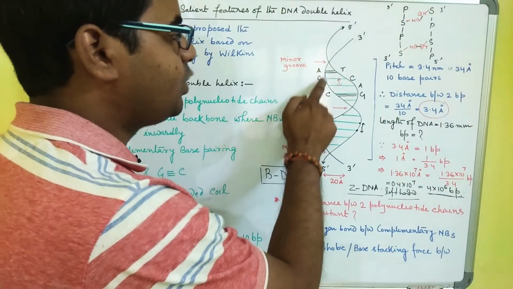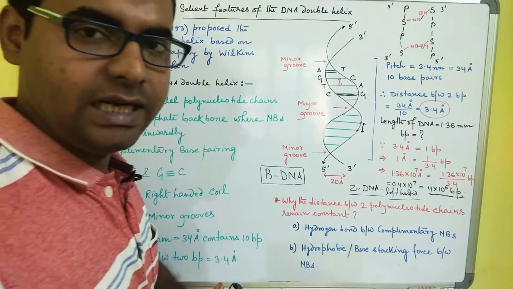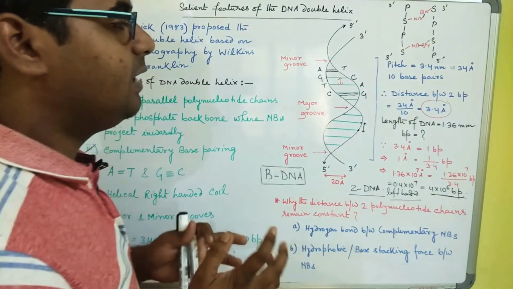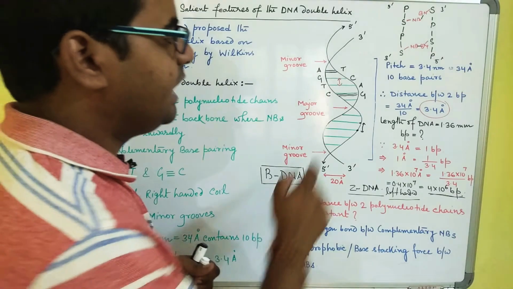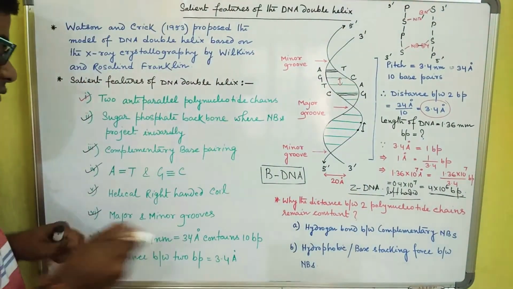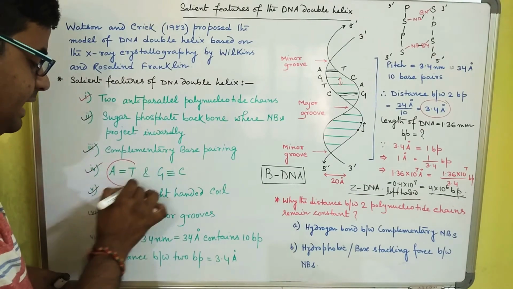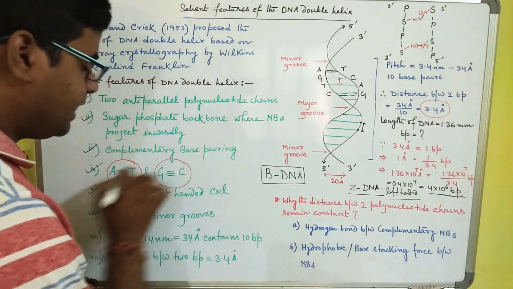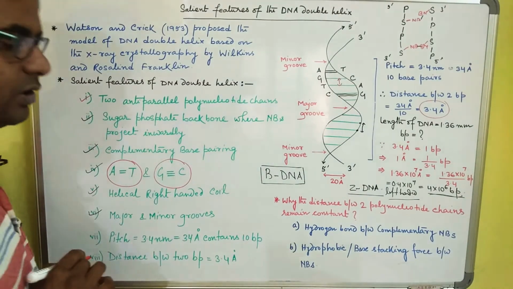If suppose it is a guanine, that is again a purine nitrogenous base, it will bind with the cytosine, which is a pyrimidine nitrogenous base, with the help of three hydrogen bonds. So the hydrogen bonds are formed like this: between A and T there are two hydrogen bonds, and between G and C there are three hydrogen bonds.